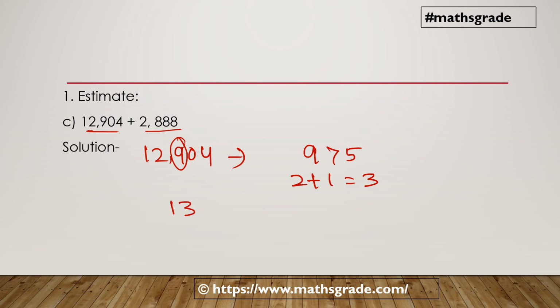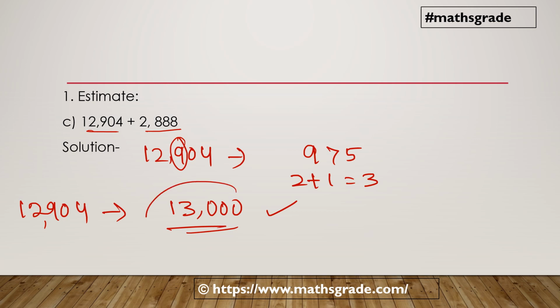Write 0 in the 100 place, tens place and unit place, that is 9, 0 and 4 change to 0. So 12,904 rounded off to the nearest 1,000 is 13,000.